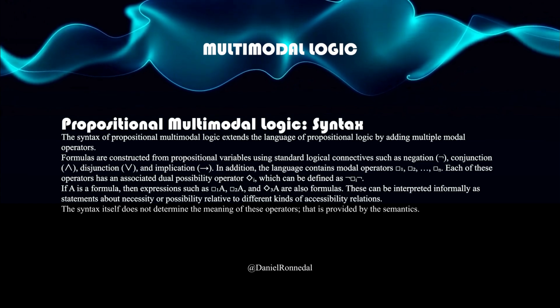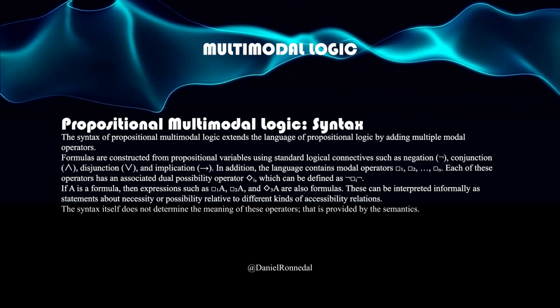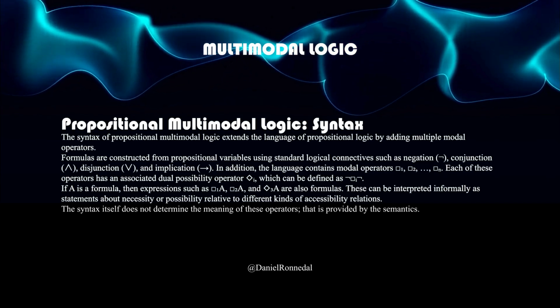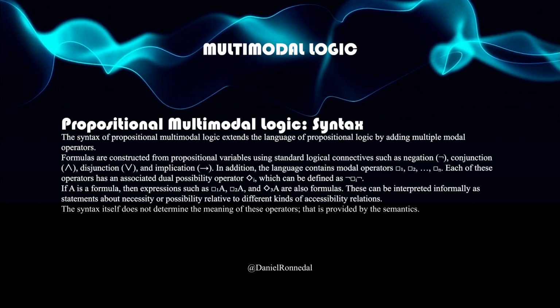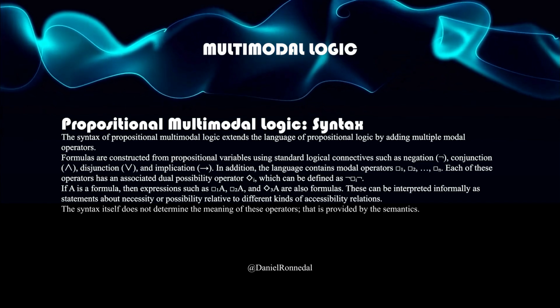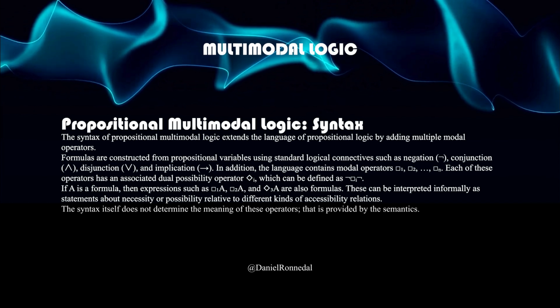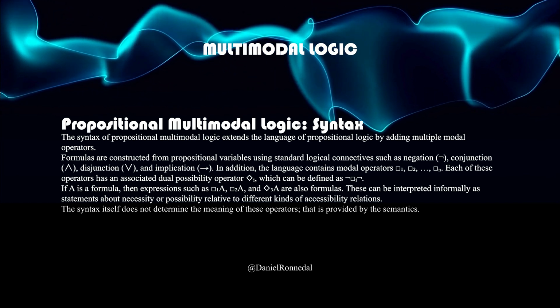Formulas are constructed from propositional variables using standard logical connectives such as negation, conjunction, disjunction, and implication. In addition, the language contains modal operators, box 1, box 2, ..., box n. Each of these operators has an associated dual possibility operator, diamond i, which can be defined as not box i not.